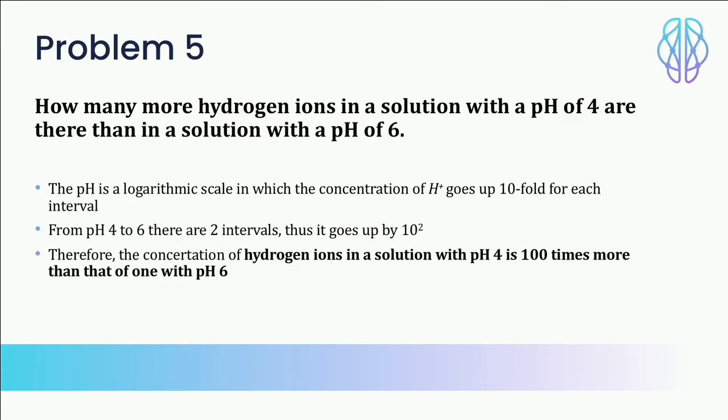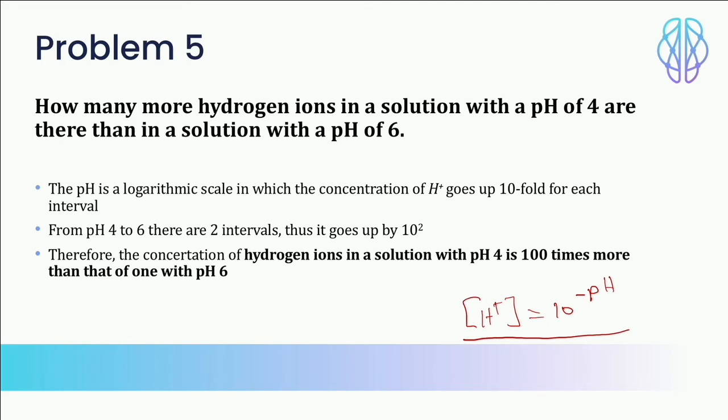Problem 5 tests your understanding of the pH scale. Here we are asked how many more hydrogen ions there are in a solution with pH 4 compared to one with pH 6. As we know, there is a relationship we can draw between the concentration of hydrogen ions and the pH.